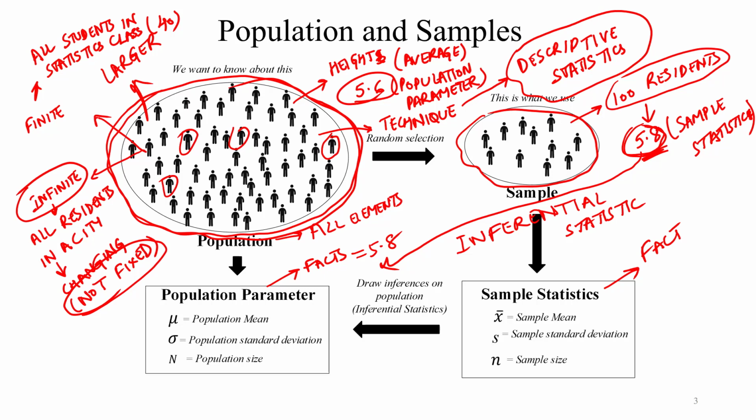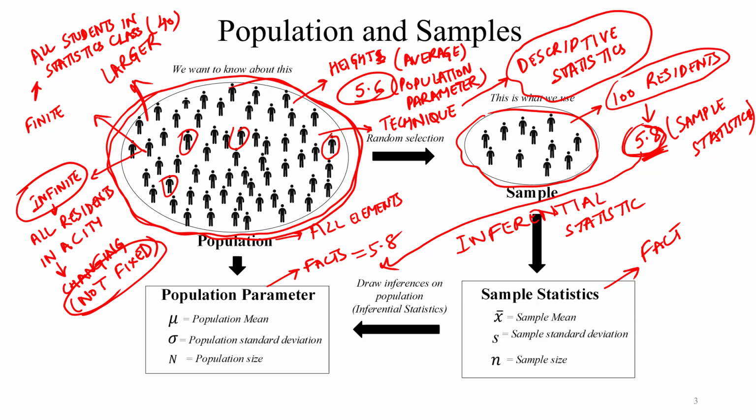Then we said, if the average height of 100 residents in a particular city is 5.8, the average height of that city would also be 5.8. That's called inferential statistics, because we took a small sample of 100 residents and tried to make an inference about the population.